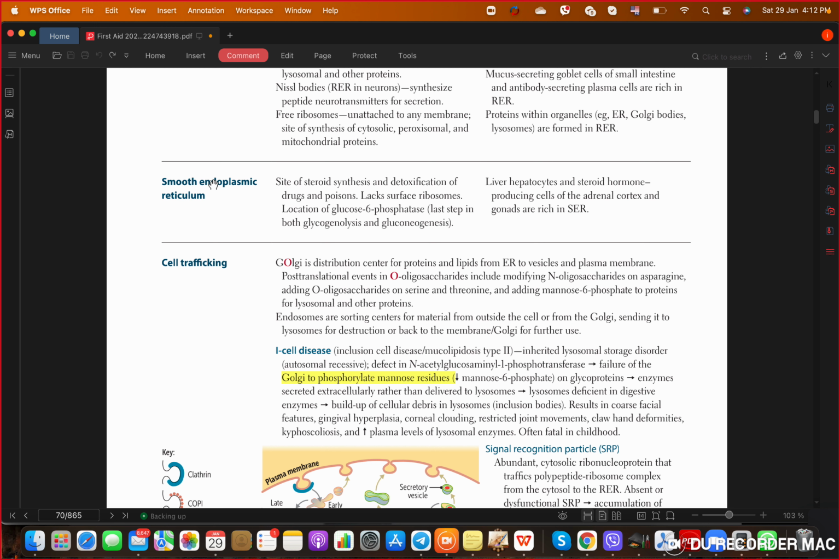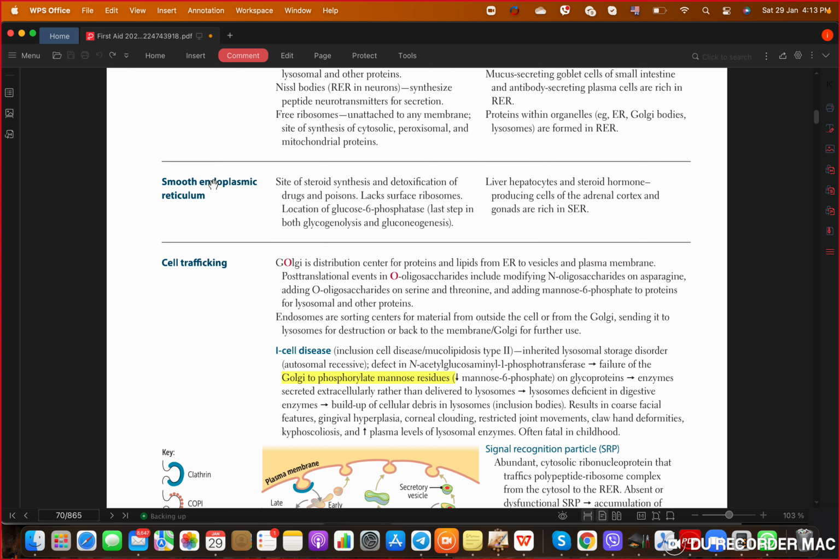Glucocorticosteroids, mineralocorticosteroids, sex hormones. Yeah, Doc. Vitamin D as well. Okay, I know vitamin D is atypical. That's why I told you about it. So the smooth ER is the site of steroid synthesis and detoxification of drugs and poisons. It lacks the surface ribosomes, which makes it smooth.